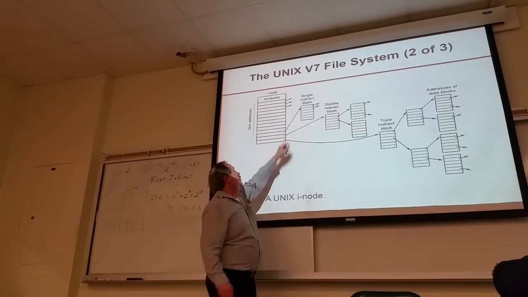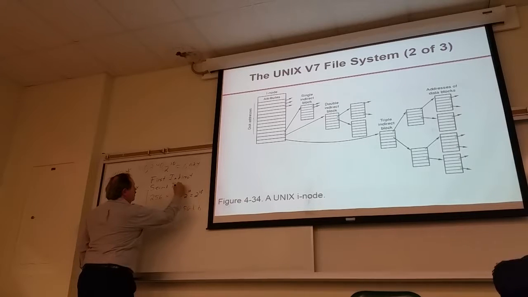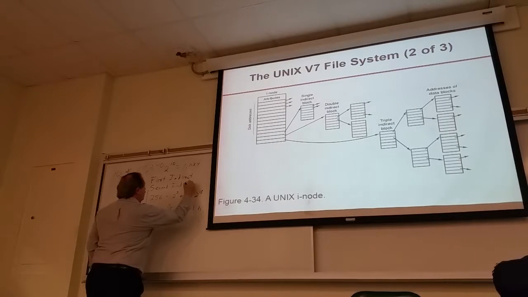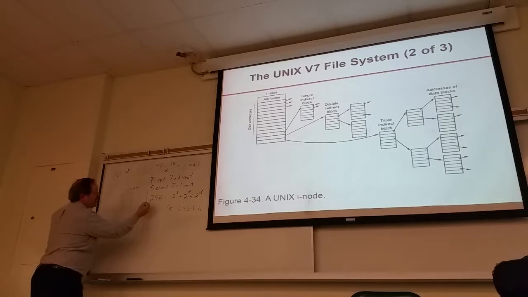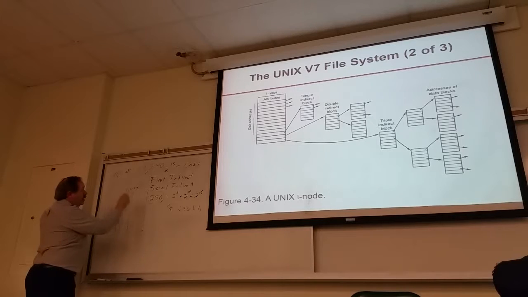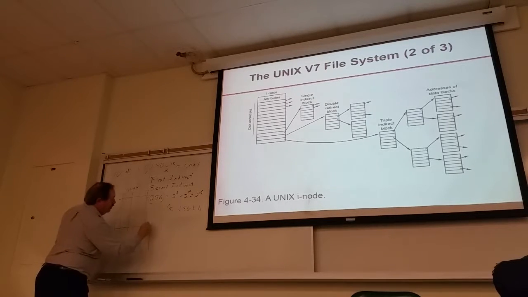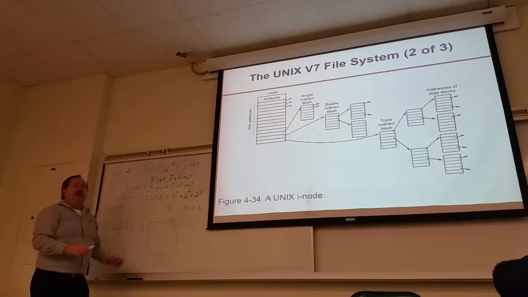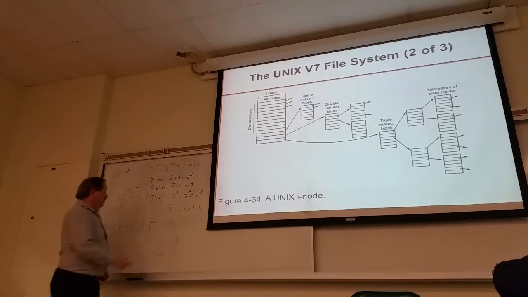I need more. So this next one here we call second indirect. It says that I'm going to point to 256 data blocks, and each of these pointers is going to point to another block that I'm going to make as a second level dereference.